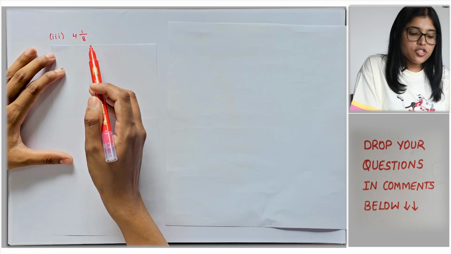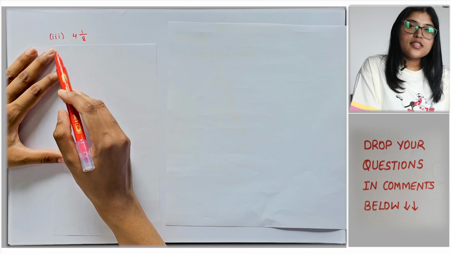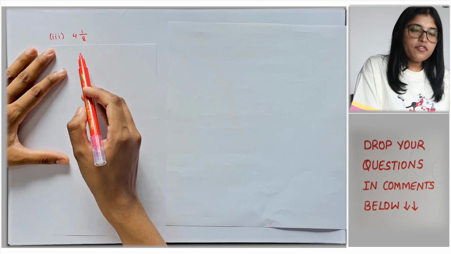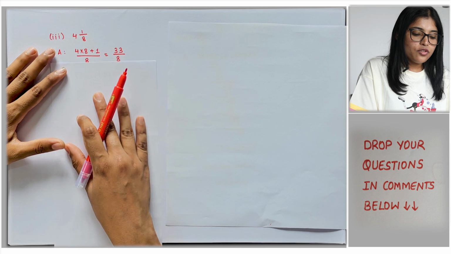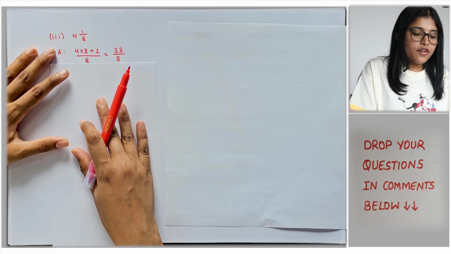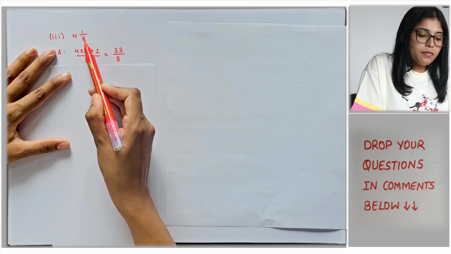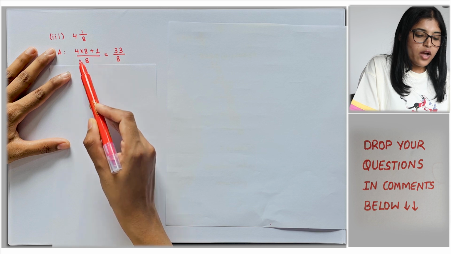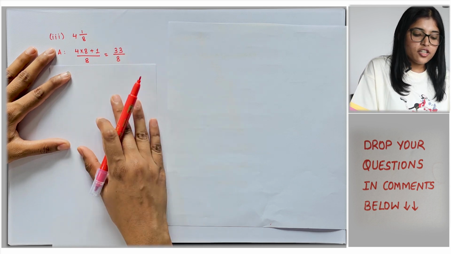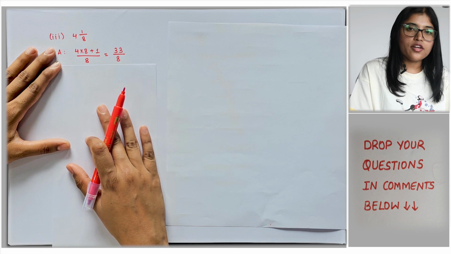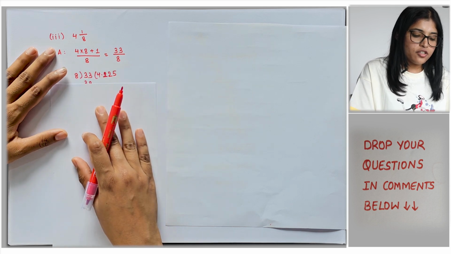The third question is 4 1 by 8. This is a mixed fraction. Before we find the decimal expansion for the mixed fraction, let us convert it into an improper fraction, and we can do this by multiplying 8 into 4 plus 1 by 8, and we get 33 by 8. Now we can go ahead with long division to find the decimal expansion.